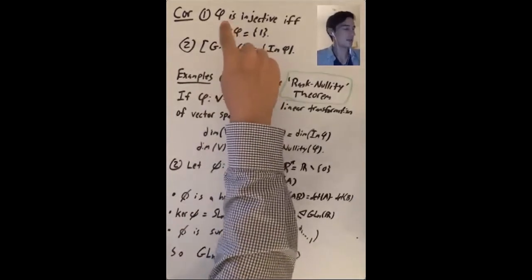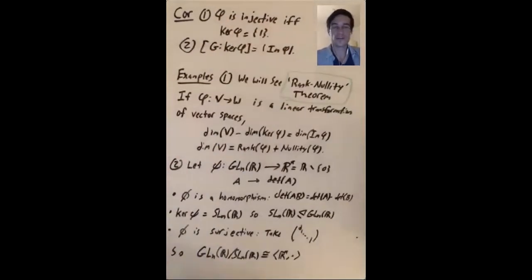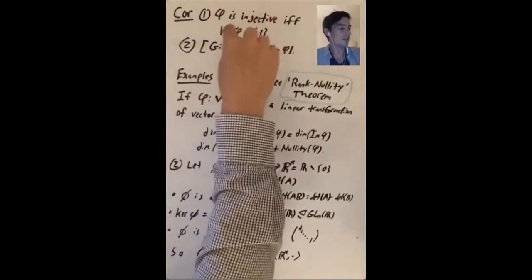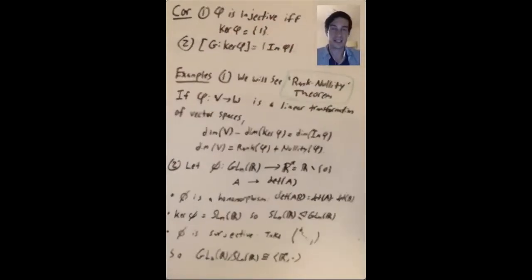So the first one is that our original homomorphism phi from G to H is injective if and only if the kernel of phi is the identity. Well, okay, the kernel of phi is a subgroup. It definitely contains the identity. And if it's not just the identity, then there are two things that map to the identity, and your function's not injective. So phi injective implies the kernel of phi is the identity.